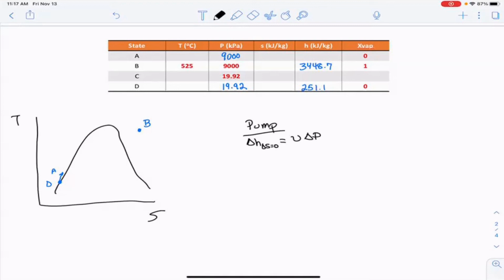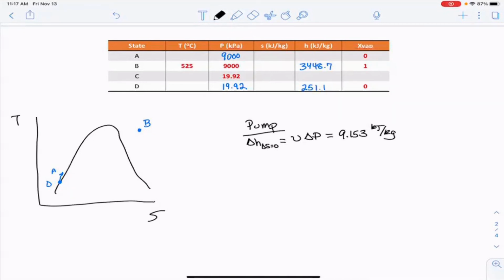In the previous example, we calculated that that was equal to 9.153 kilojoules per kilogram. Because just like when we were solving problems several lectures ago with turbines and compressors, we're always going to solve the isentropic case first when you're given the efficiency. So we do that here also for the pump.